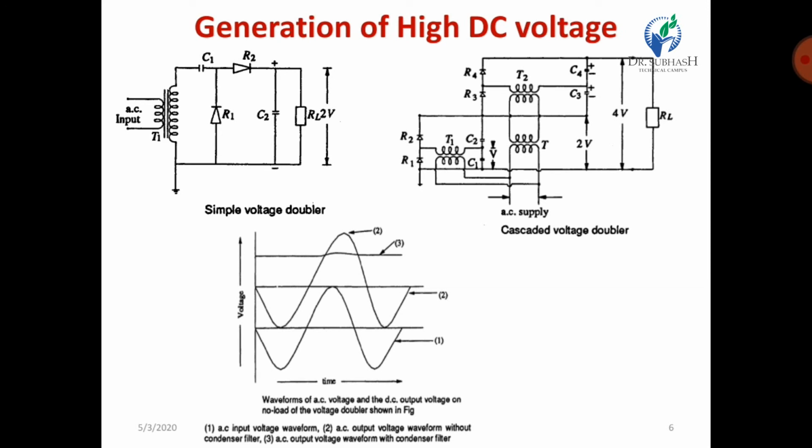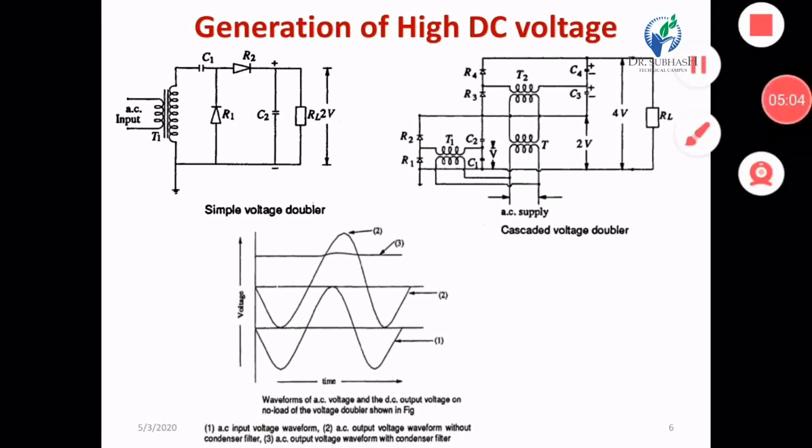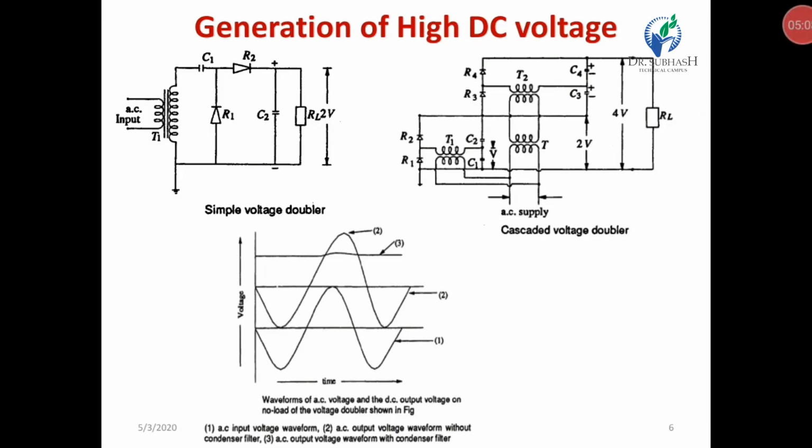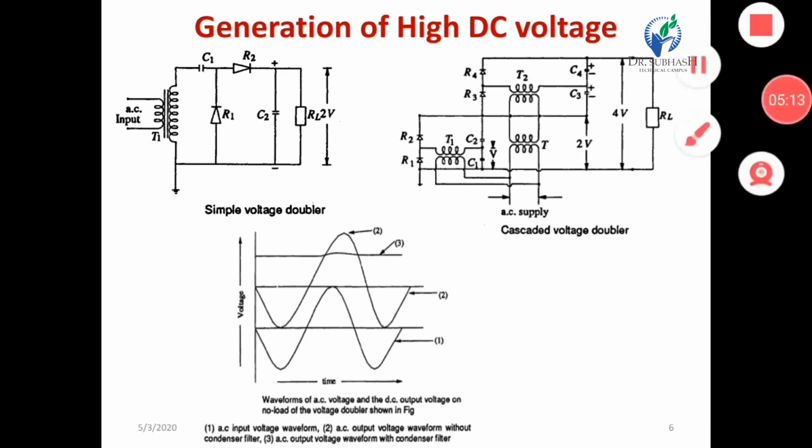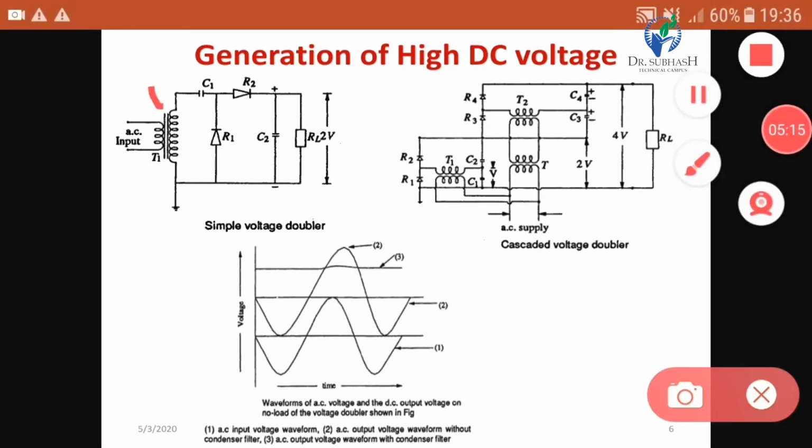So in this circuit, capacitor is used and output of this circuit will be double the input voltage. Here we have used the properties of capacitor. Here we can see the capacitor C1.